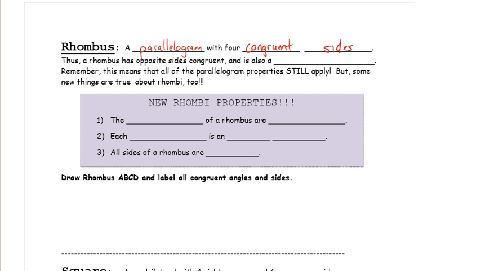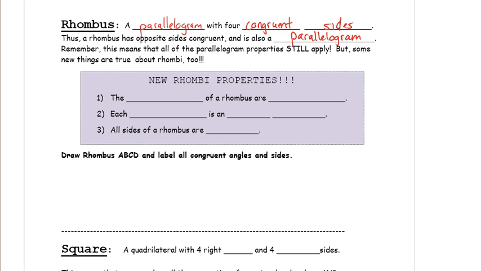Thus, a rhombus has opposite sides congruent and is also a parallelogram. Remember, this means that all of the parallelogram's properties are still true, but some things are also now true. So a couple of new things.